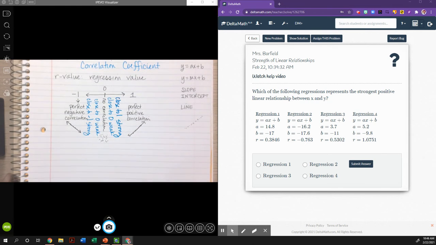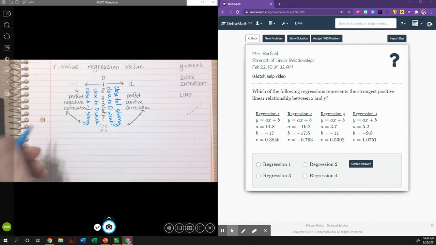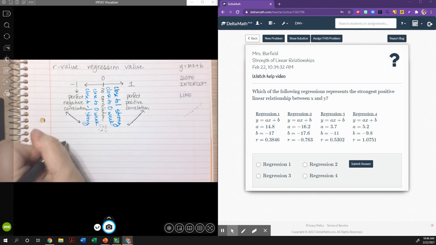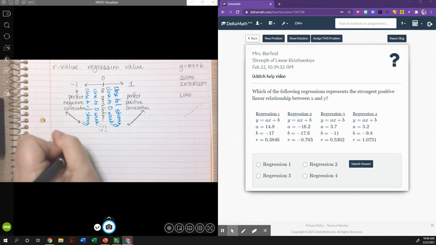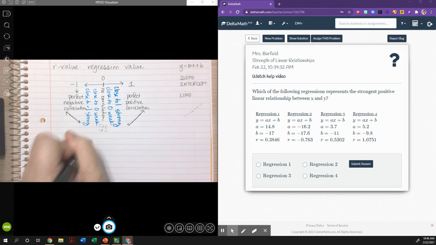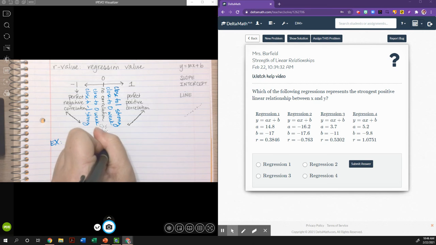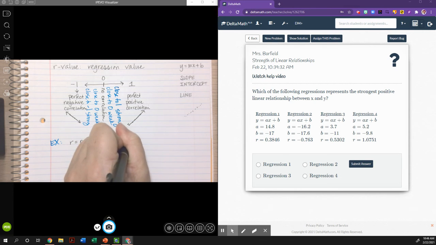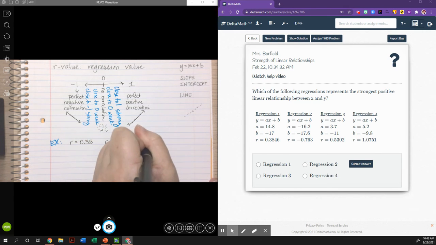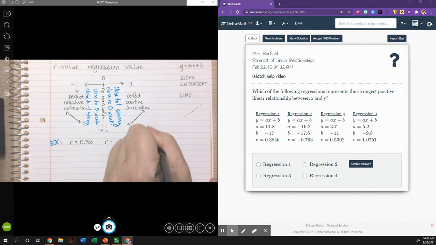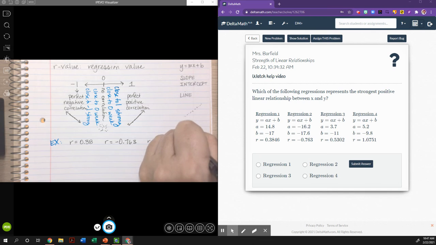My r value in the first one is 0.38. The next is negative 0.763. Then r is 0.5302, and then r equals 1.0751.